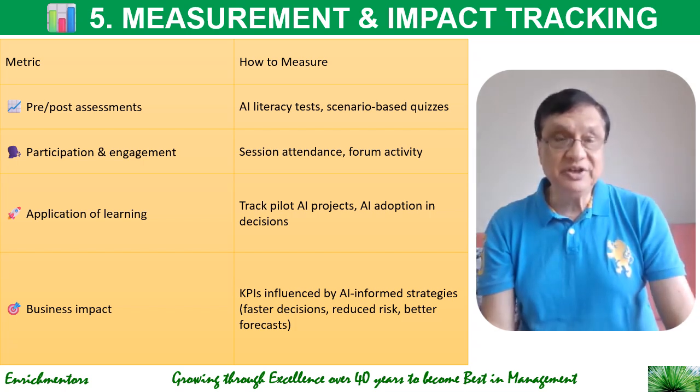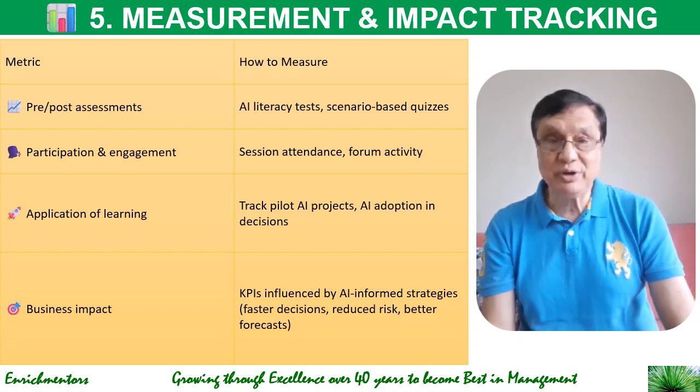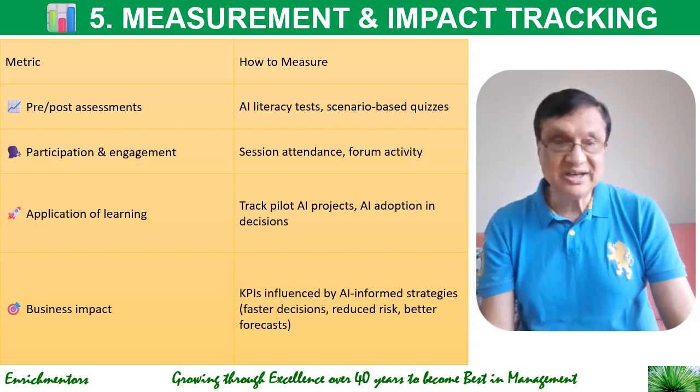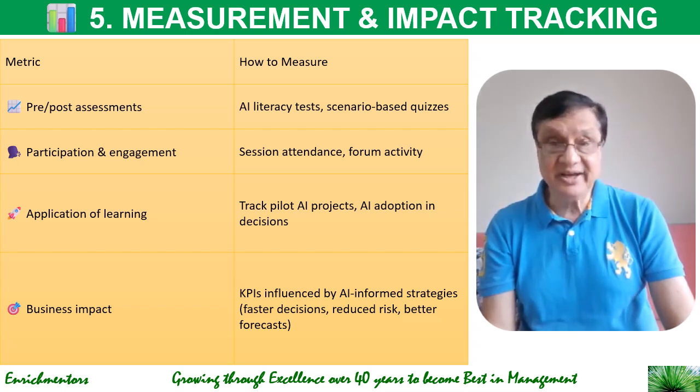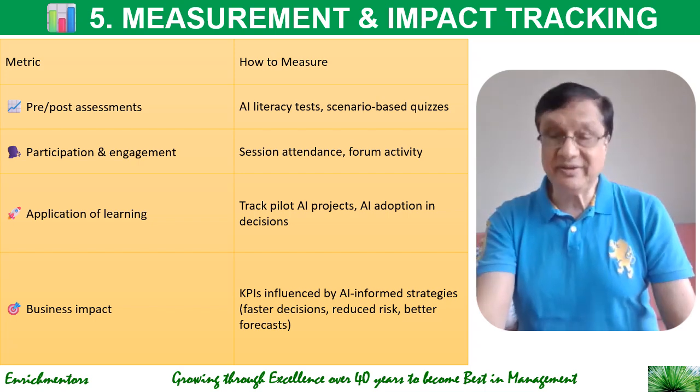Then one of the key metrics could be the application of the learning, and there you track AI pilot projects, AI adoption and discussion. And finally, you look at the business impact for the leaders. The way you measure it is how the KPIs were influenced by the AI-informed strategies. Were they able to make faster decisions? Did they reduce risk, or did they make better forecasts? So that's how the measurement and impact tracking can be done.